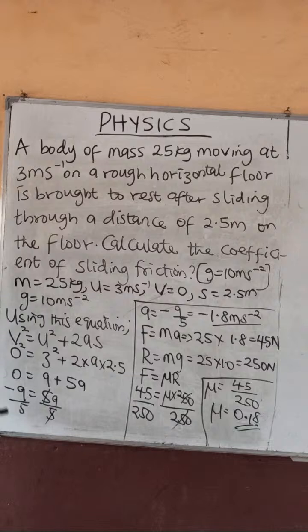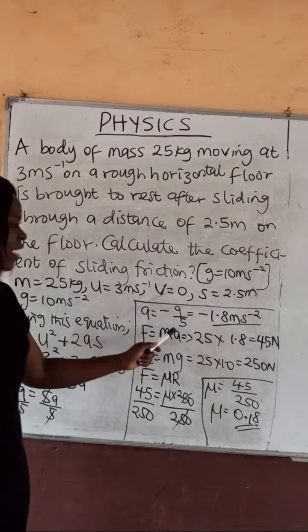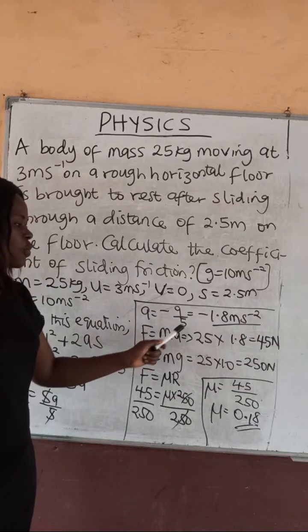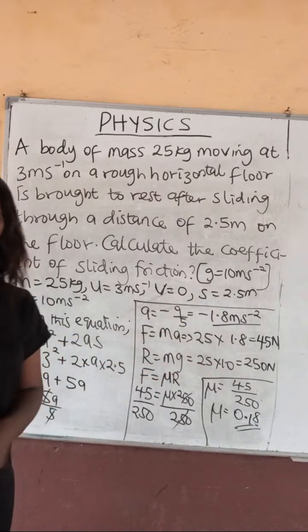If I carry this 9 to the other side, it's going to be minus 9 is equal to 5a. Because I'm looking for acceleration, I take the coefficient of a, which is 5, and divide by it. My a is equal to minus 9 over 5. When I divide, I get my a to be minus 1.8 meters per second squared.